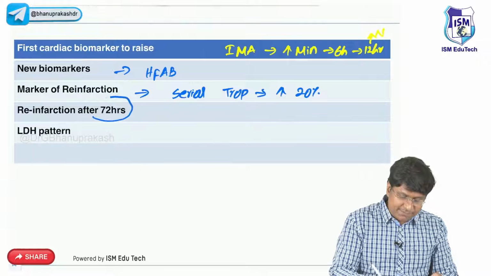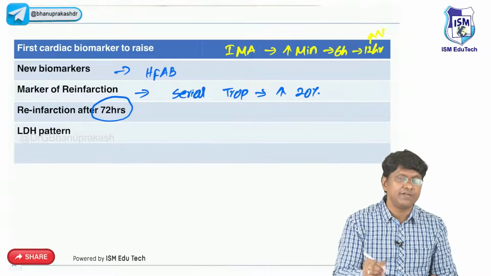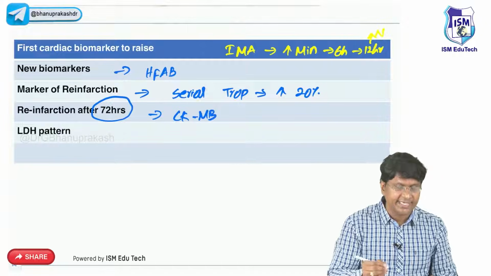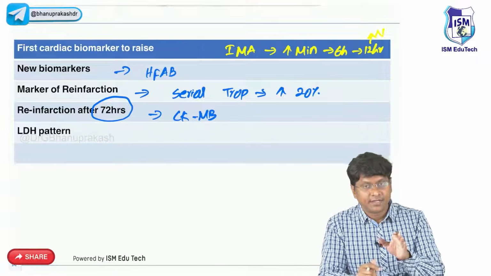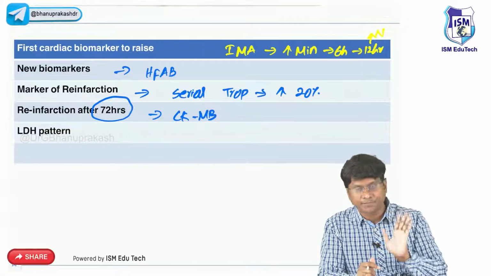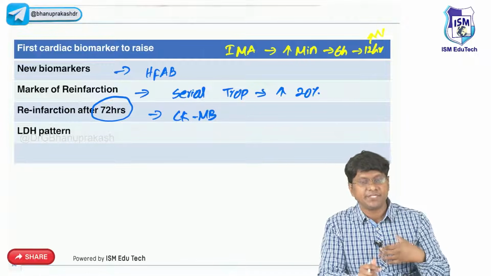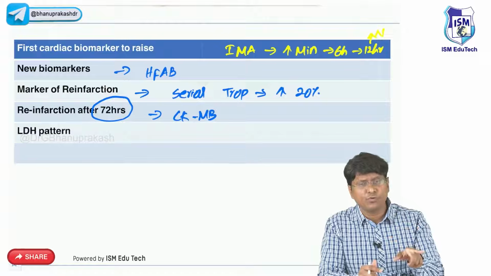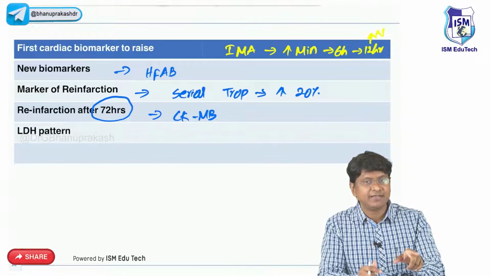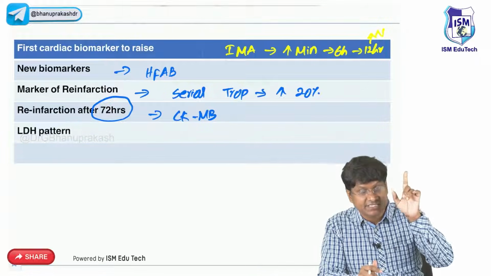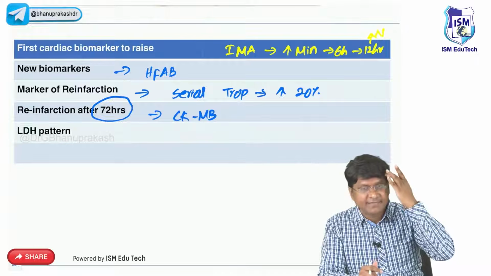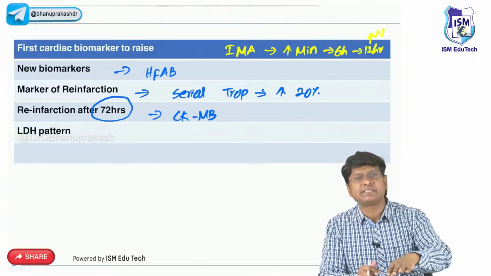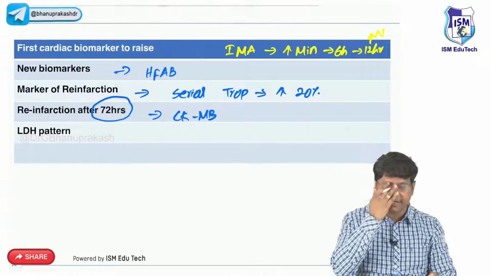But if the question is specifically asked like marker of reinfarction after 72 hours, then you can answer it as the CKMB, because CKMB will be elevated in the body only up to 3 days, and after 3 days if the patient has chest pain once again, that is on the 4th day morning, you do CKMB levels. If the CKMB levels are elevated still, even after 72 hours, that tells it is a re-MI.